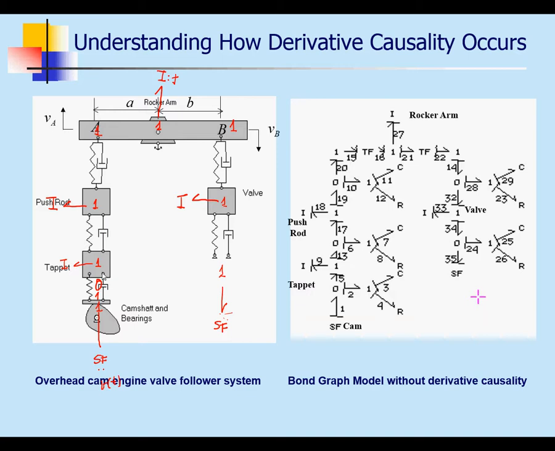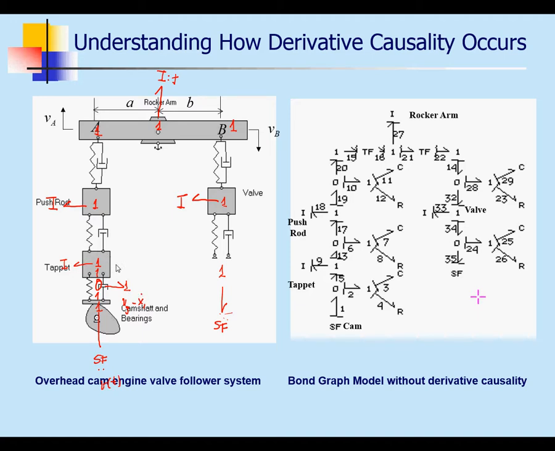So if we go over here and we create the zero, this would be the ground velocity minus, let's call it, x1 dot.